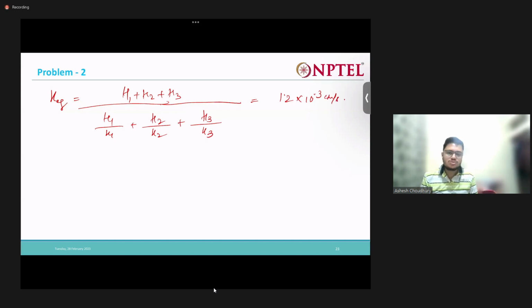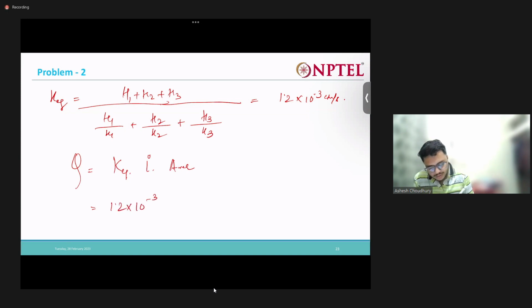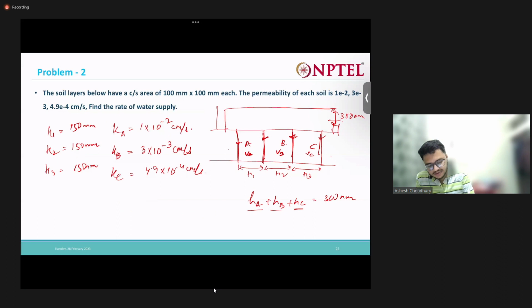Now we are asked to find the total flow. What is the total flow? It is k equivalent into i into area. K equivalent is 1.2 into the power minus 3. What is i? Total head loss is 300 mm, occurring along a length of 450, that is h1 plus h2 plus h3.